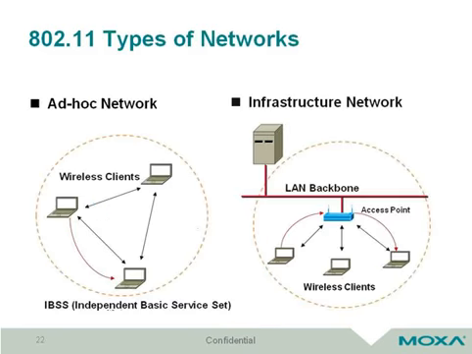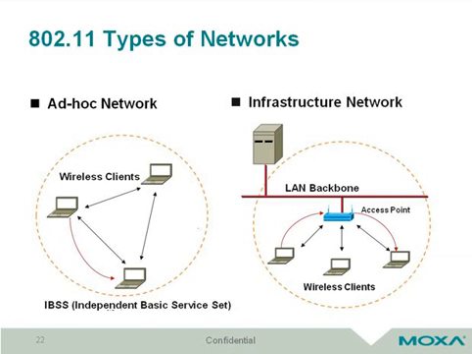There are two different modes of operation for 802.11 devices: ad hoc or infrastructure mode. An ad hoc network is usually one that exists between two or more wireless devices that are connected without any access point. We also call it an independent basic service set, which is a set of stations with no coordination function.